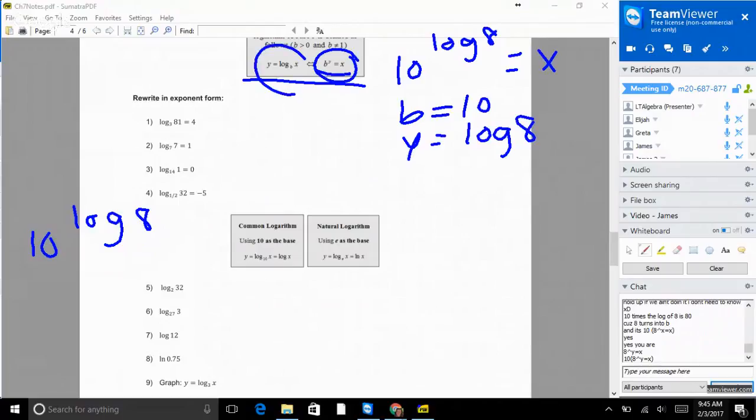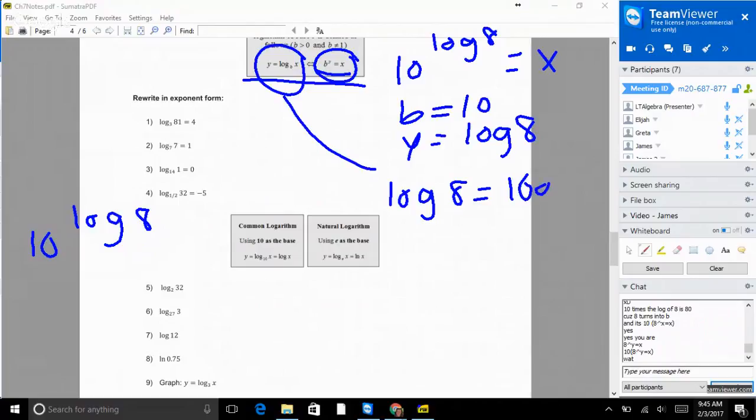So now let's write it in this form. We end up with log of 8 equals log base 10 of x. And then we have to divide both sides by the log of 10, and we'll figure out what x is.